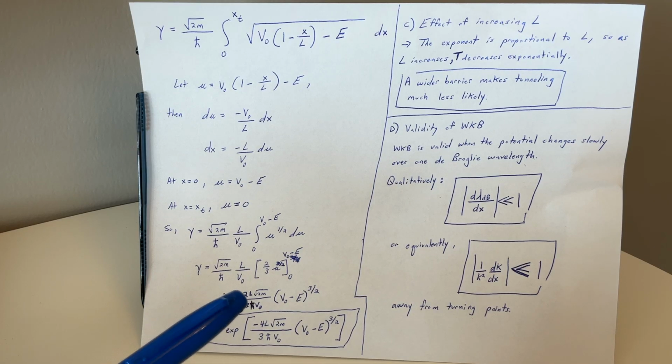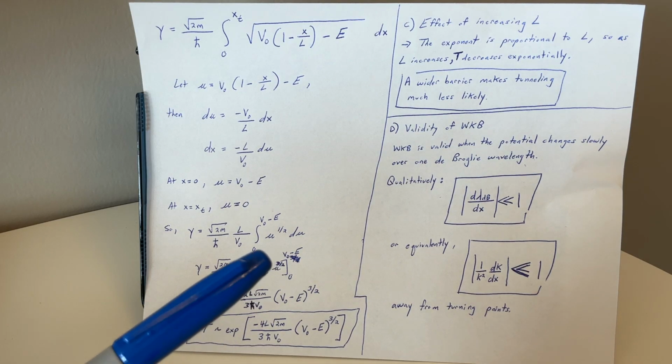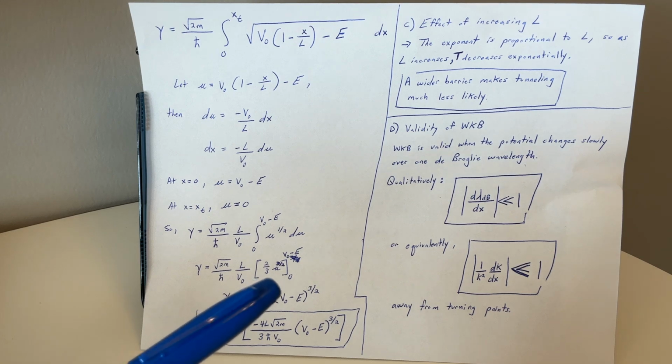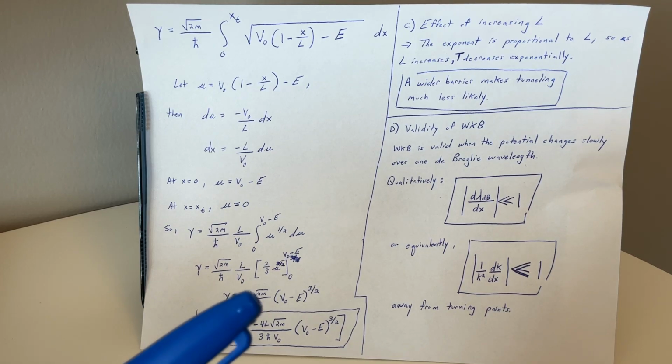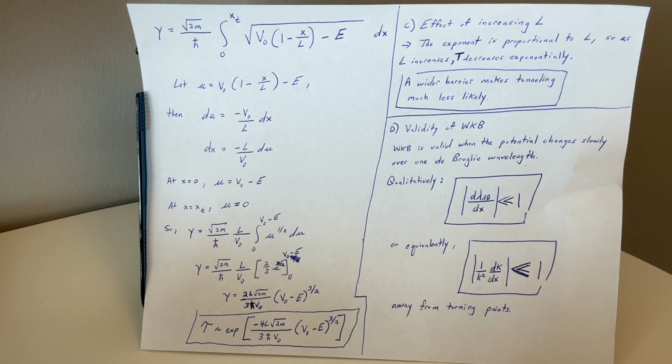So our gamma is equal to 2L now. Once we substitute our limits of integration, gamma is equal to 2L times the square root of 2m over 3h bar v naught, times the quantity v naught minus E to the 3/2.